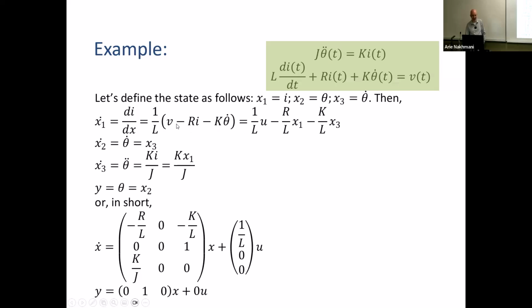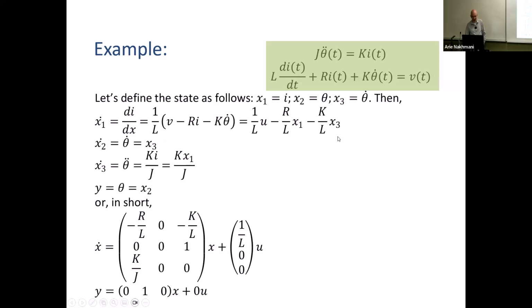But what are these things? V is practically u. This is our input of the system. I is x1, so I replace it with x1. And theta dot is x3, by definition. So I replaced all of these variables with variables that I need to keep.